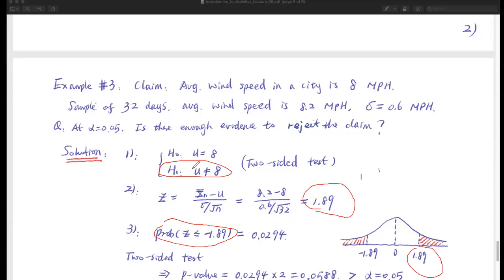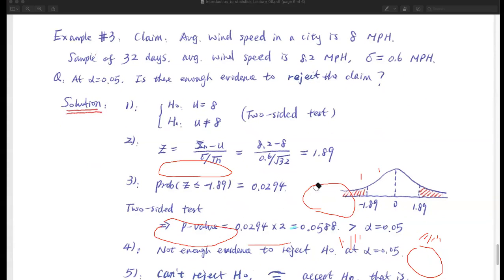H1 is not equal to. That means we have to cover both sides, to the left and to the right. If you got one side, for example 2.94%, you can get this directly from the Z table. Double that, 5.88. That case here, everybody, is bigger than 5%.